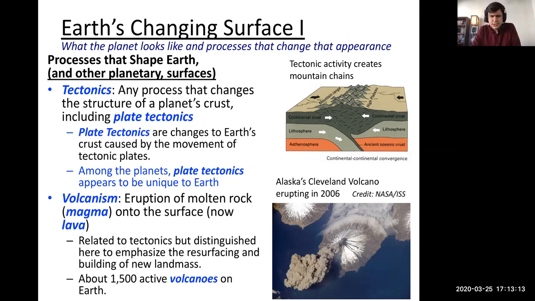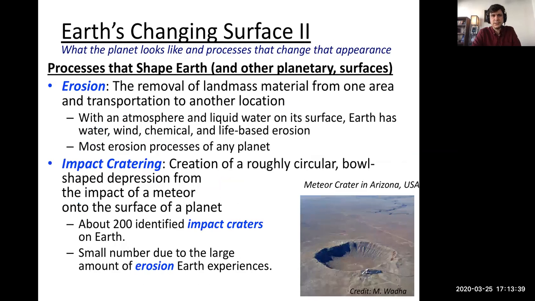So since it's changing the structure of the crust, you could consider volcanism as a subset of tectonics, but we're going to consider it separately because it's building new landmass, and it's one of these processes that we can see on the terrestrial worlds. On Earth, you don't need to remember this number, but we have about 1,500 active volcanoes that cover the Earth, and we can use those to actually map out plate tectonics, our plate boundaries.